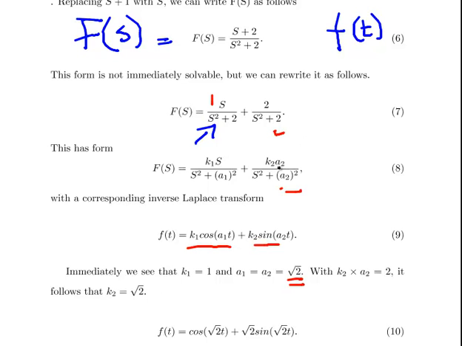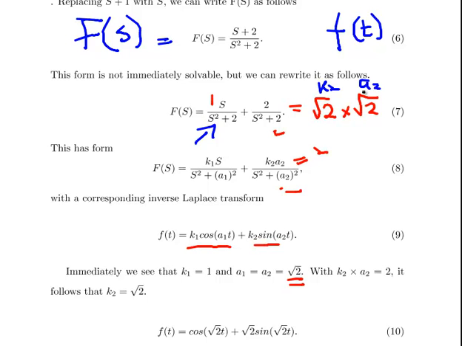So if K2 A2 is equal to 2, and you know A2 is also the square root of 2, that makes K2 the square root of 2 also. As in, the square root of 2 times the square root of 2 is 2. That being K2, and that being A2. It's actually where these scalings come in.